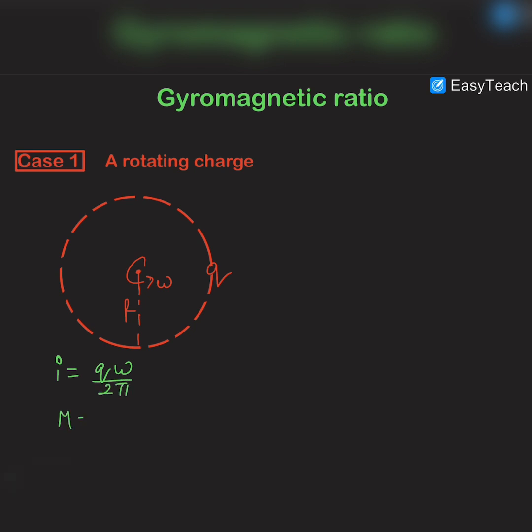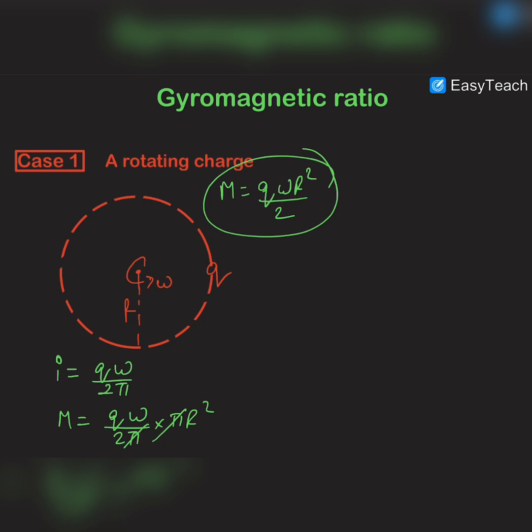And the magnetic moment created by this current carrying loop will be NIA. N is obviously 1, I is q omega by 2 pi, and area is pi r square. So cancelling this pi with pi, M will be equal to q omega r square by 2.